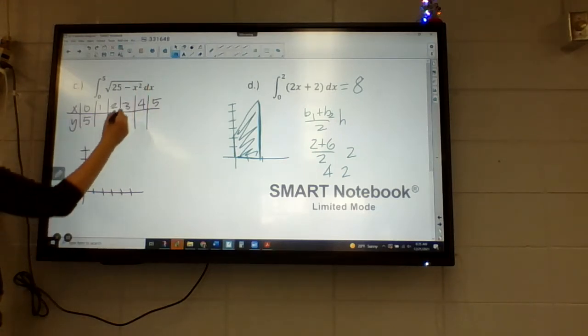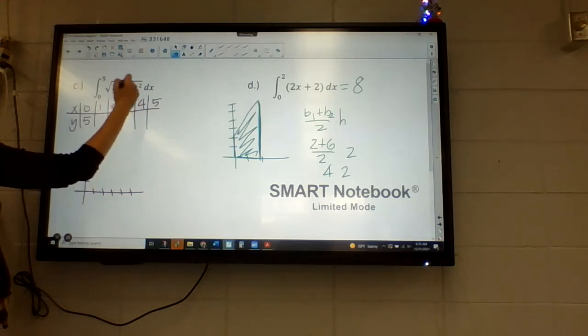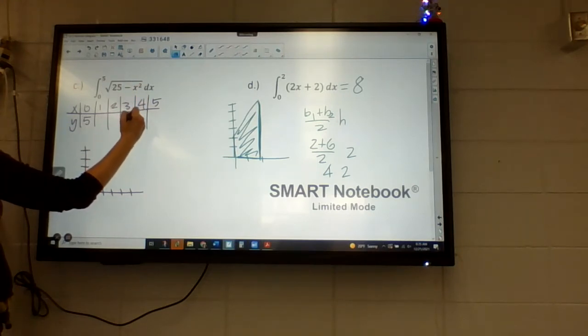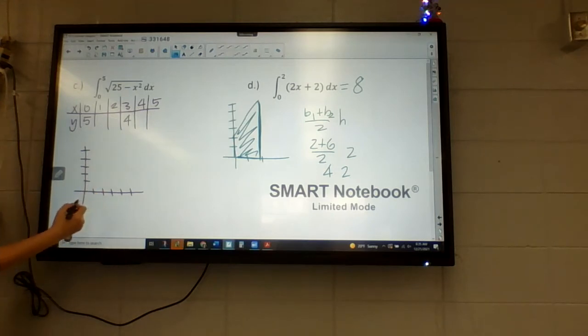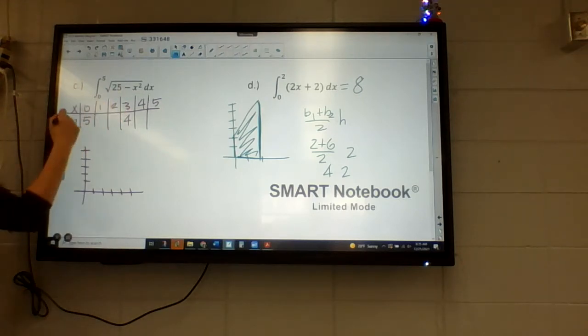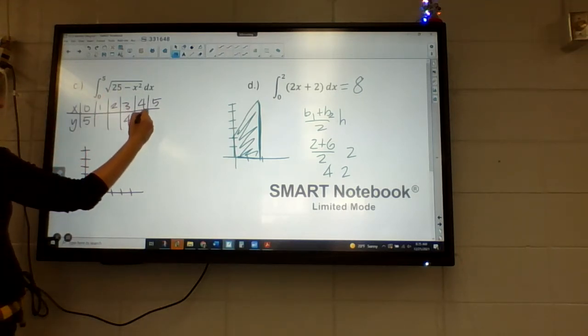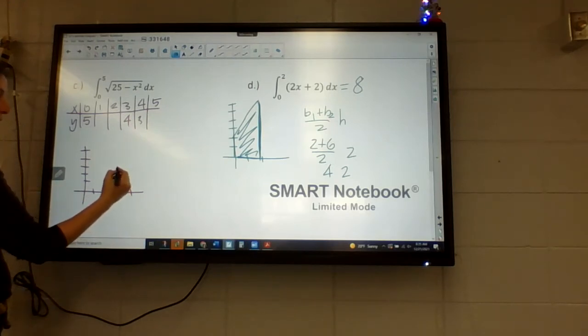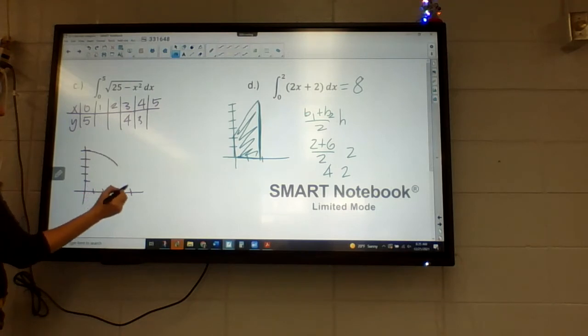I'm going to go to 3. 3 squared is 9. 25 minus 9 is 16, so this is going to be 4. Then 4 squared is 16. 25 minus 16 is 9, so this is going to be 3. And then 5 is going to end up being 0.